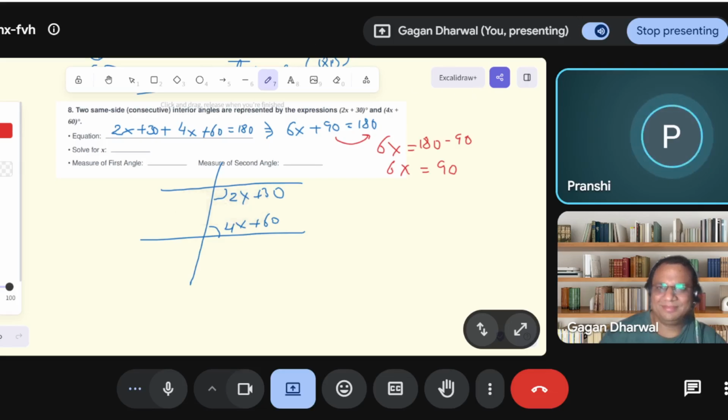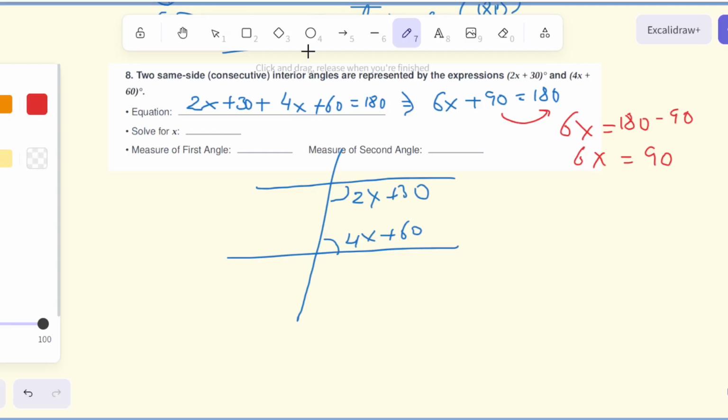So is it supposed to be this easy? It's just that we have to remember the theorems, and if we follow those theorems, we can easily solve the questions. Okay, so just follow the theorems and rules and keep practicing.